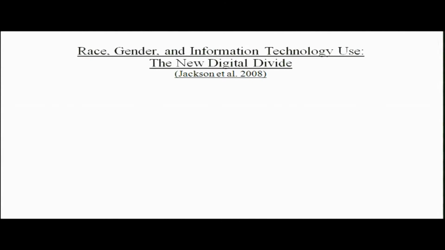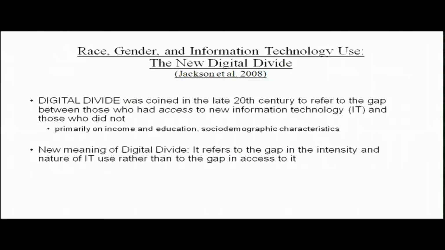Now, when we are talking about gender, we cannot leave out the other axis also. So, if we look at Jackson's study on race, gender and the IT use, the new digital divide, we see that over time the idea of the digital divide has shifted.